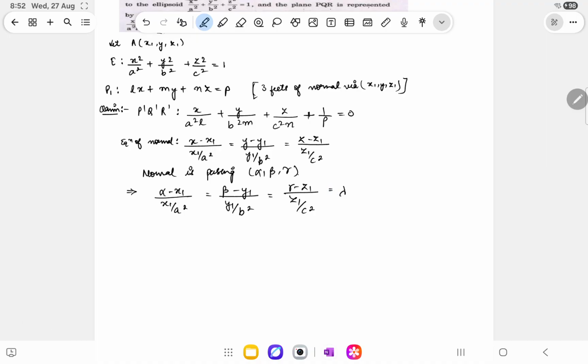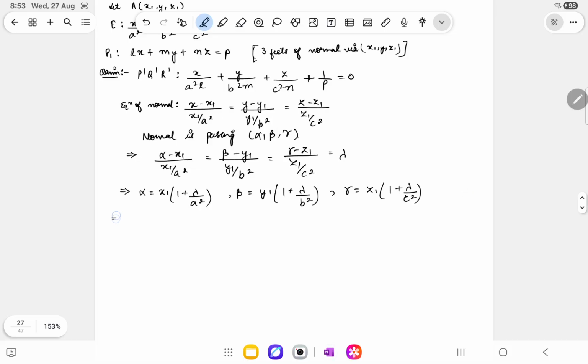then from here I can find out the value of point x1, y1 and z1. So if I solve this, I'll get alpha equals x1 into (1 plus lambda by a square), beta equals y1 into (1 plus lambda by b square), gamma equals z1 into (1 plus lambda by c square).